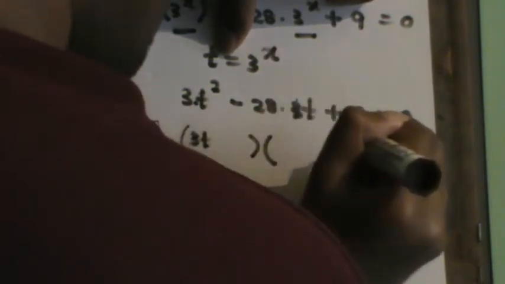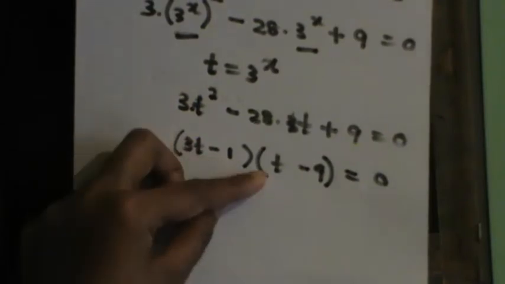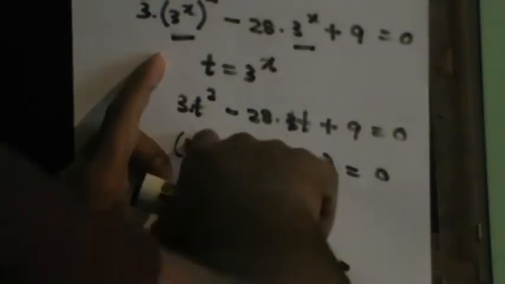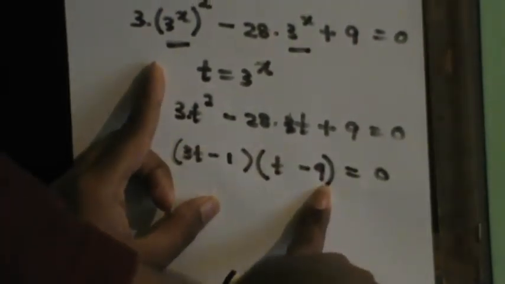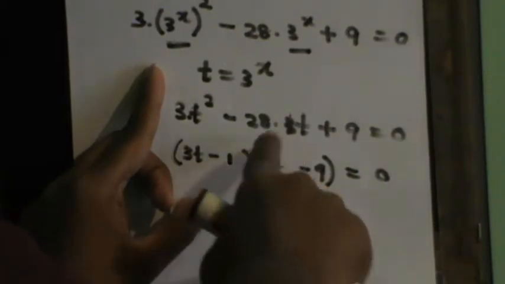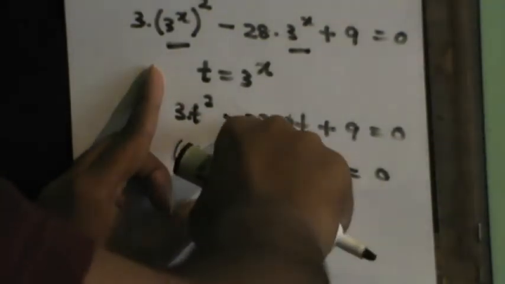So 3t and 9, and here t, minus 1. Let's see whether it tallies. 3t times t is 3t squared, 3t times minus 9 is minus 27t, and that minus t gives 28t.